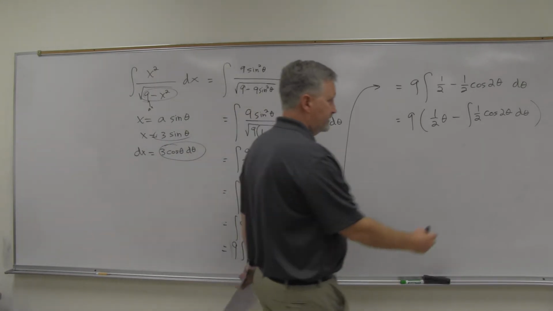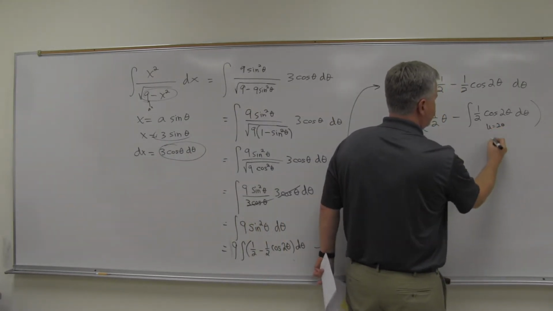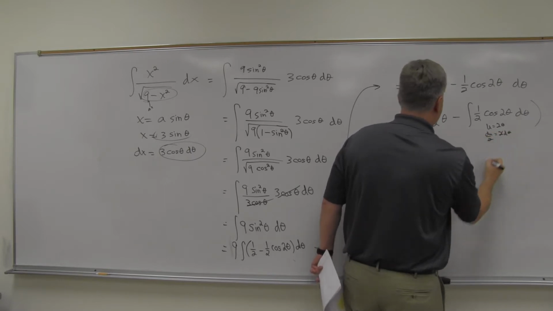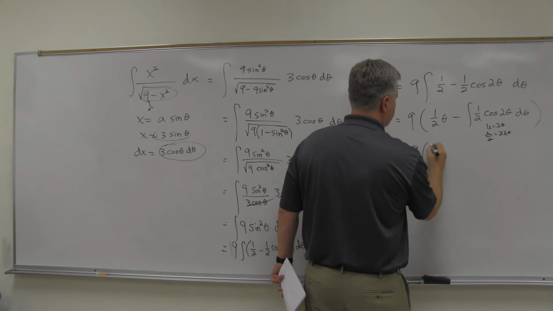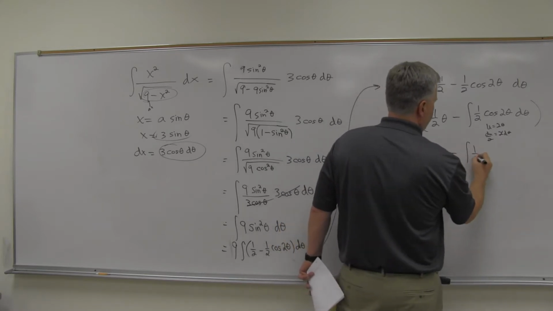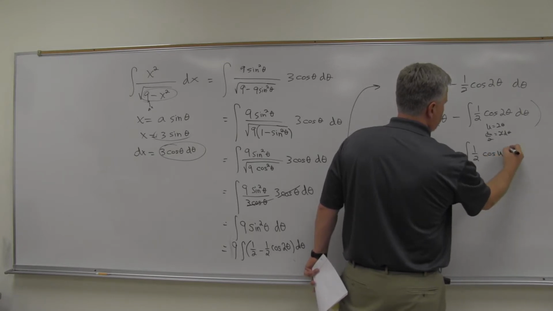That's just a little u substitution, right? U is 2 theta, and du is 2 d theta, so d theta is du over 2. So I have 9 times 1/2 theta minus the integral of 1/2 cosine u du over 2.